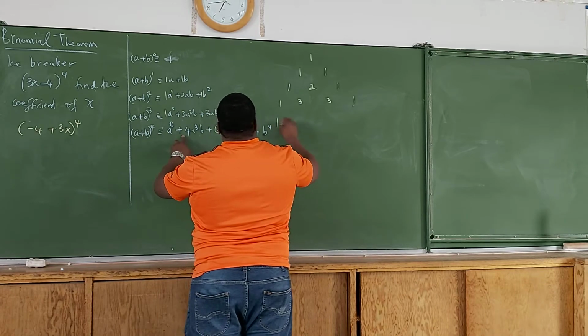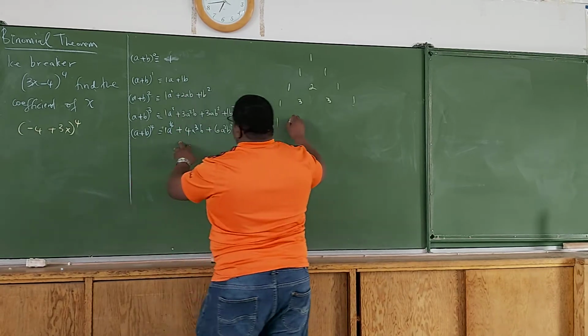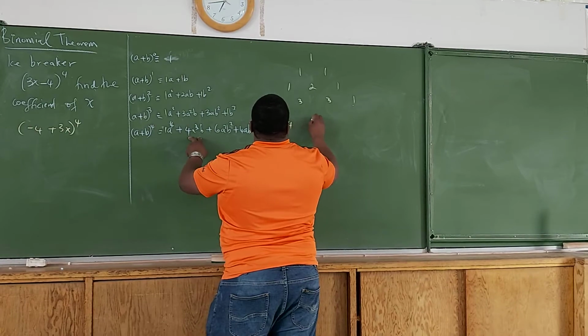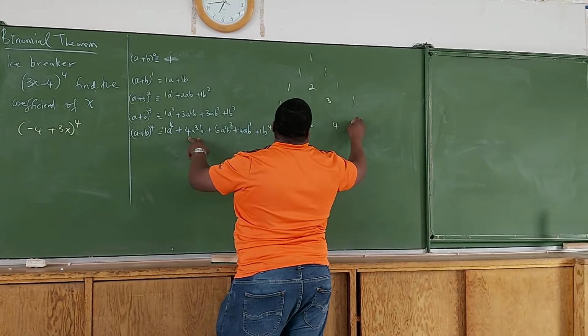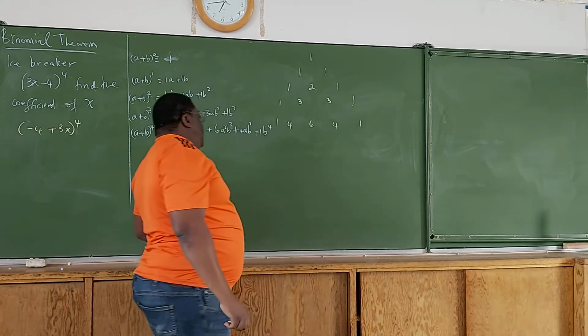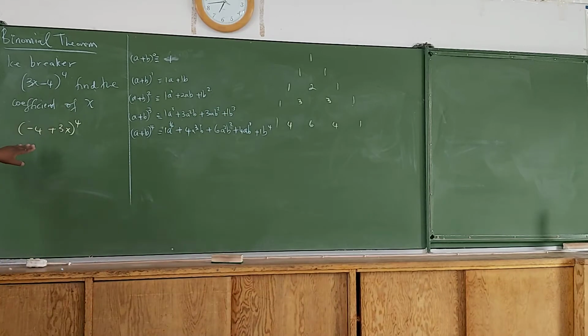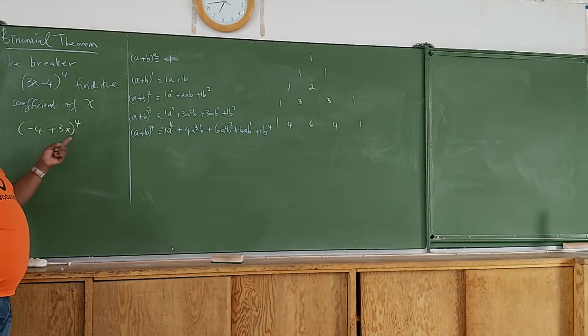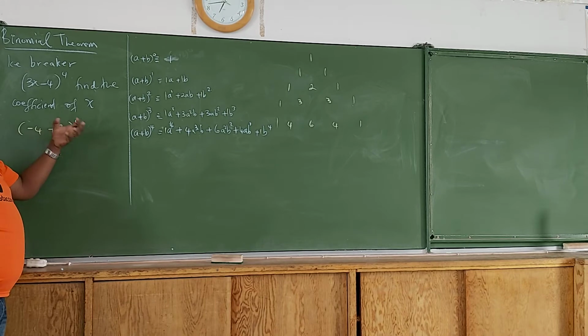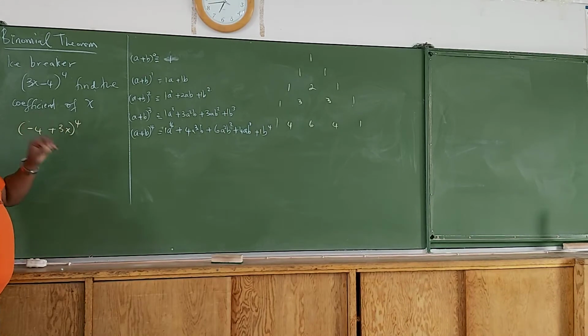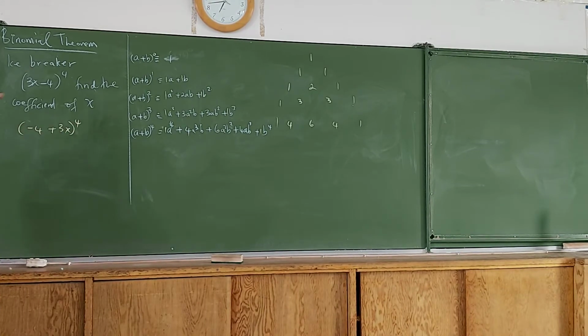We have 1, then it's 4, 6, 4, 1. So we expect this also to have the same coefficients, right? The value here of b is the 3x. I just swapped it because we want to deal with that x. You understand? That's what the question is asking there. Just something else now.